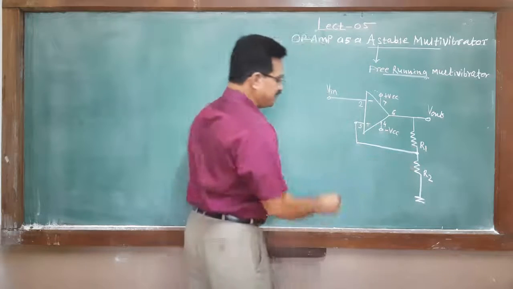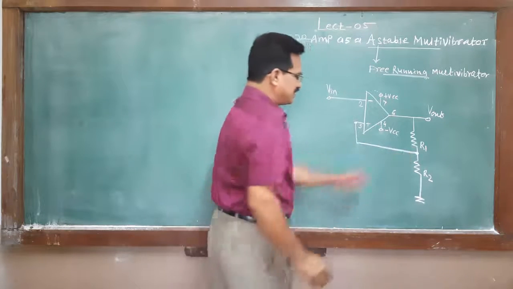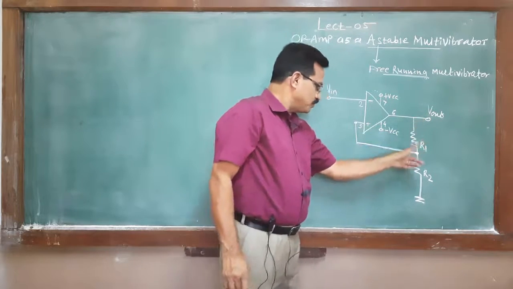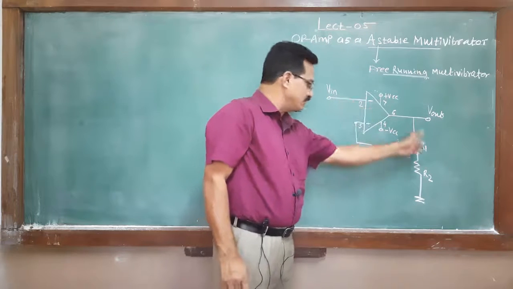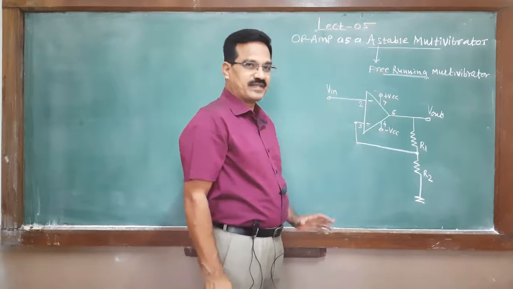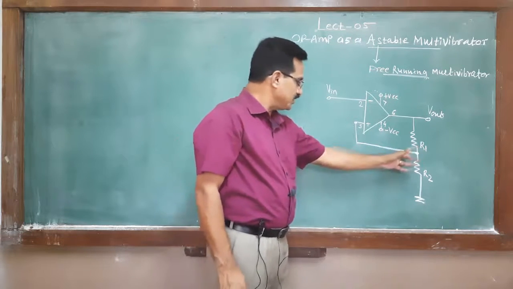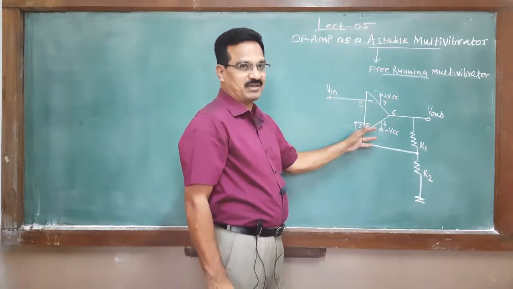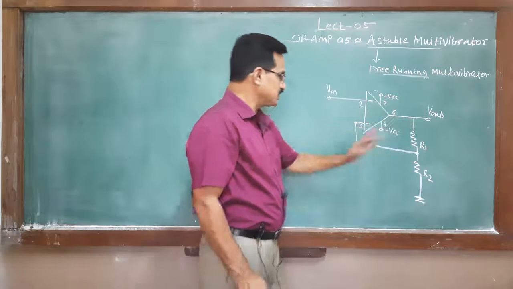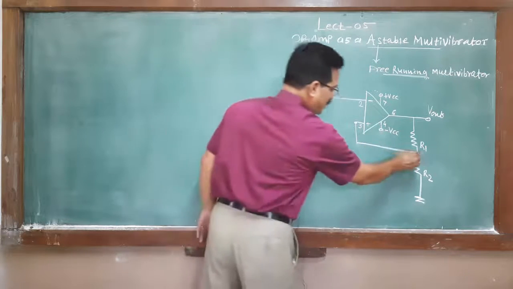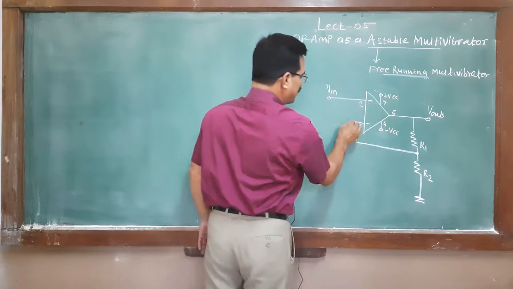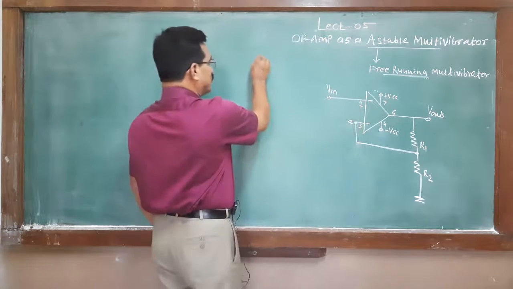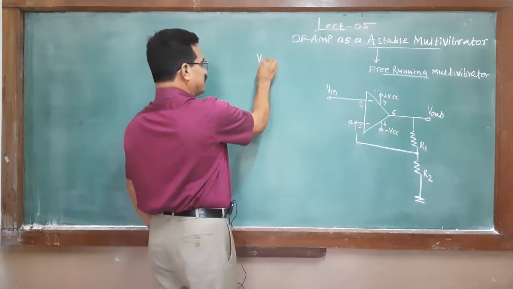Voltage divider arrangement means that a fraction of the output is given back to the non-inverting terminal. How will you find this? The voltage at this point, we may call it VA.